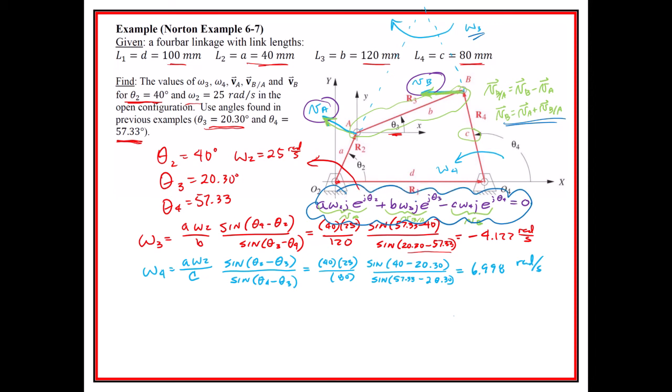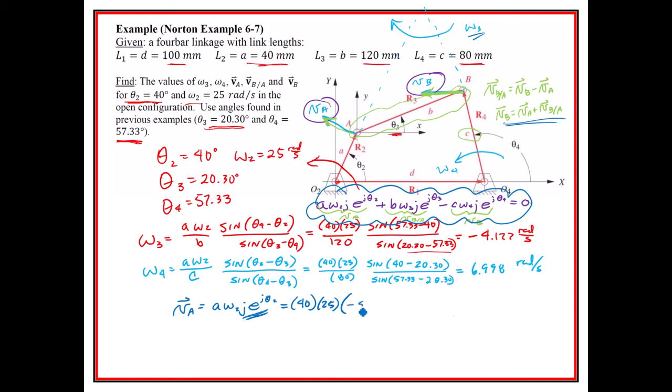So if we want to get the values of VA, all we have to do is take A omega 2 J e to the J theta 2 and plug in the values. I did this in class last night. It's going to be 40 times 25. And for the J times e to the J theta 2, one simple shortcut is to take J times the Euler identity.